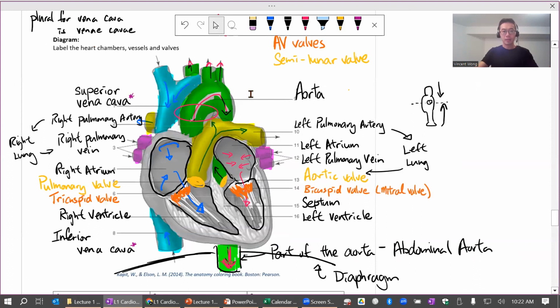I have a question. How much volume of blood enters the heart, and the same for the export of blood from the heart to the body? The volume of blood?